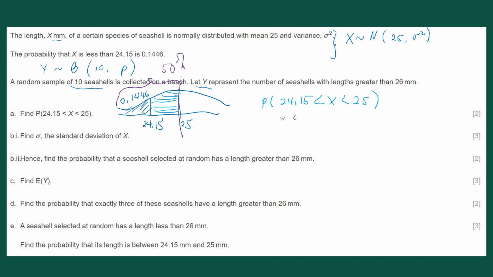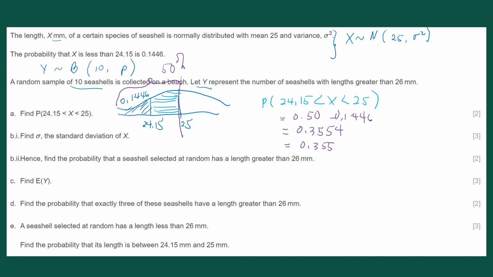So we can have 0.50 minus 0.1446, and that's equal to 0.3554. Okay, you can put that in 3 sig fig, so 0.355.